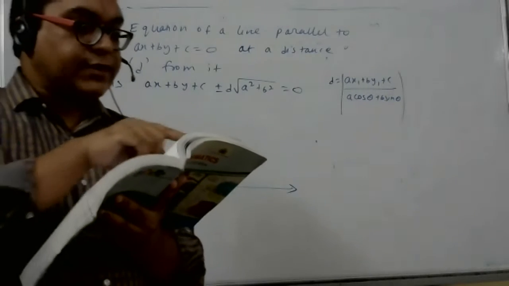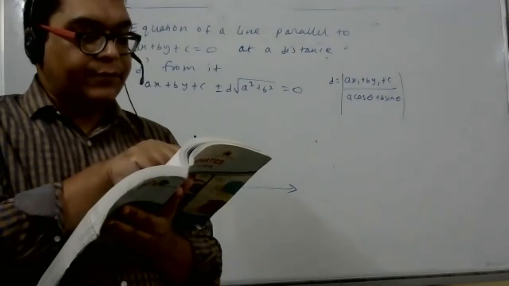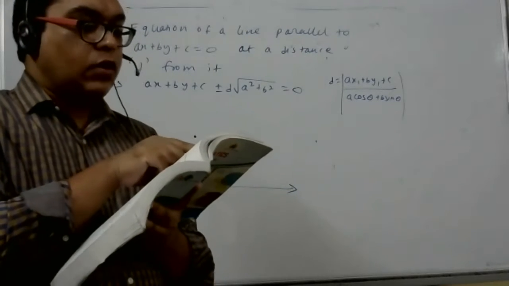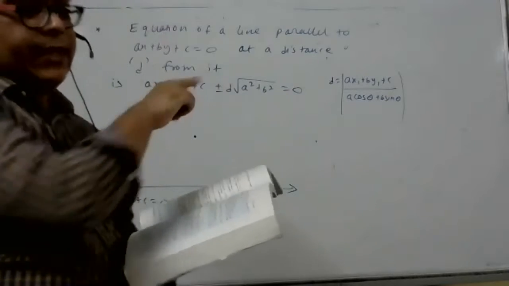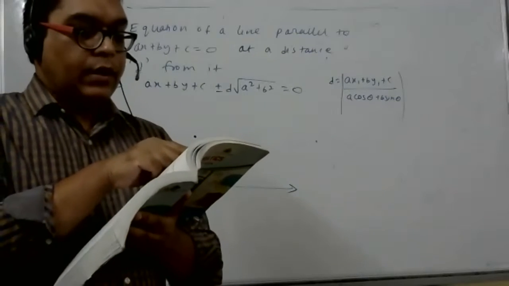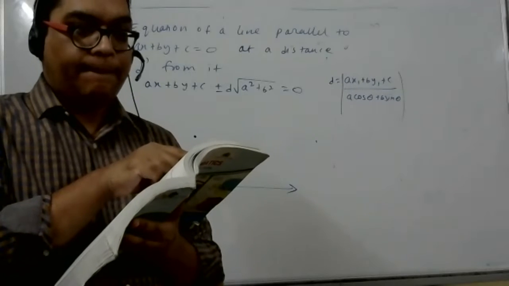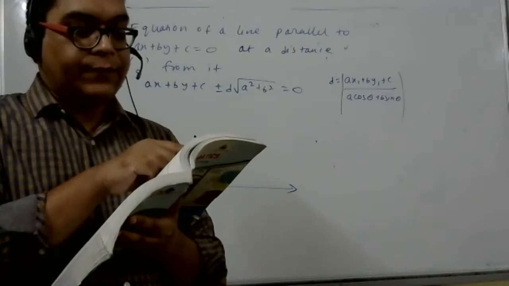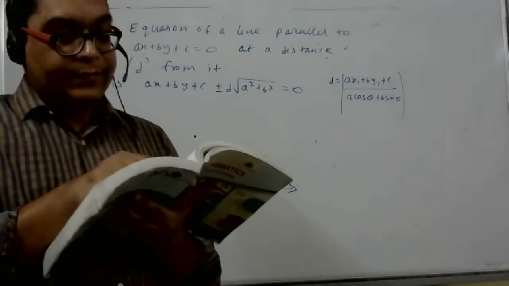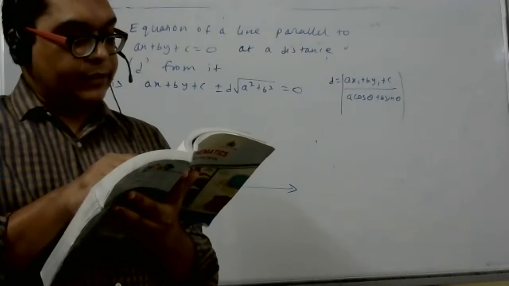See, page number 234, question number 15. The question is based on the previous to previous result, which I wrote today, the first time result, that is based on the 15th question. Student, are you listening to me? Yes, sir, I am. Page number 234, 15th sum, you see.